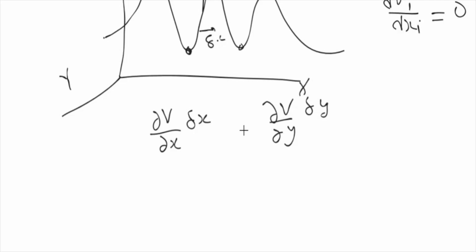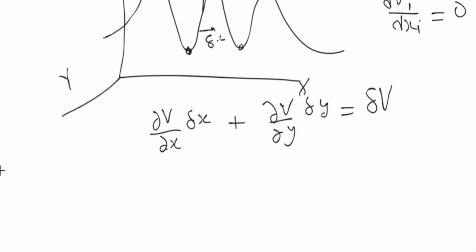So the total change will be the partial derivative of v with respect to x times delta x, plus the partial derivative of v with respect to y times delta y, and it must be equal to the change delta v.